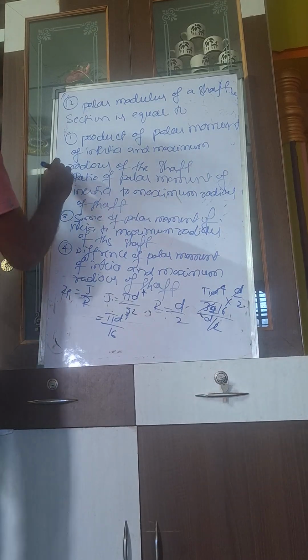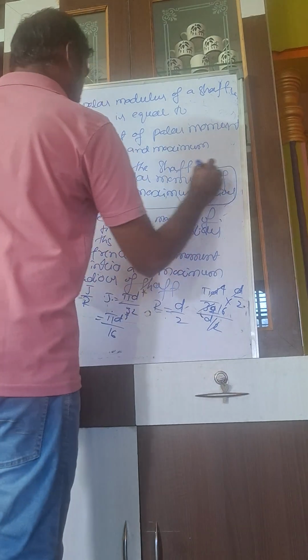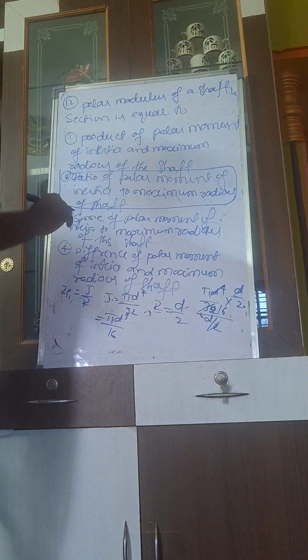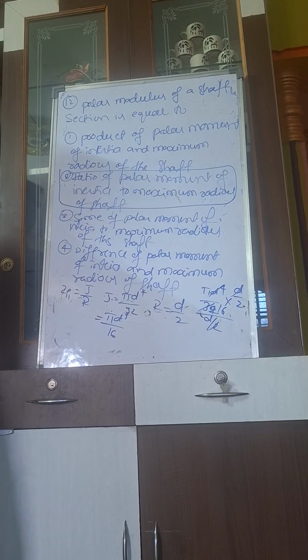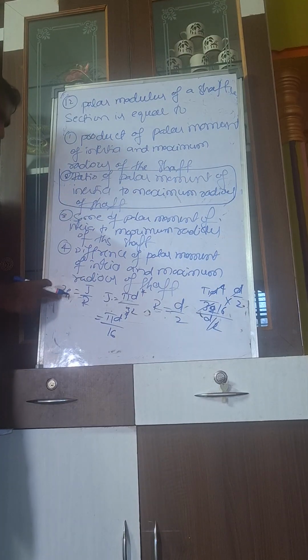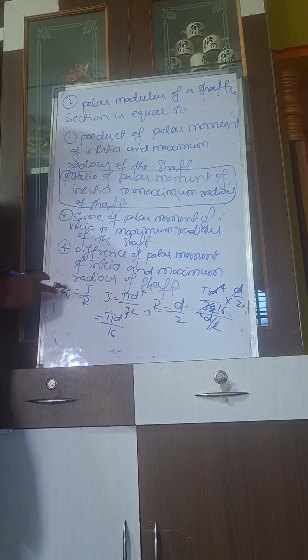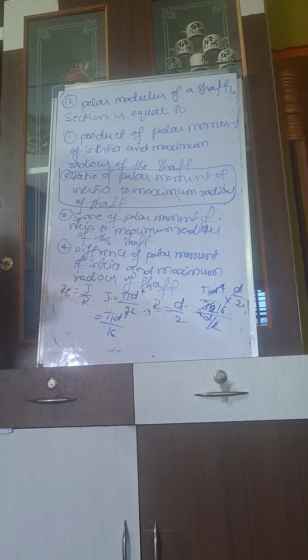See, the answer is the second one, which is about the ratio of polar moment of inertia to maximum radius of shaft. Maximum radius of shaft means J by R. Zp is the polar modulus.